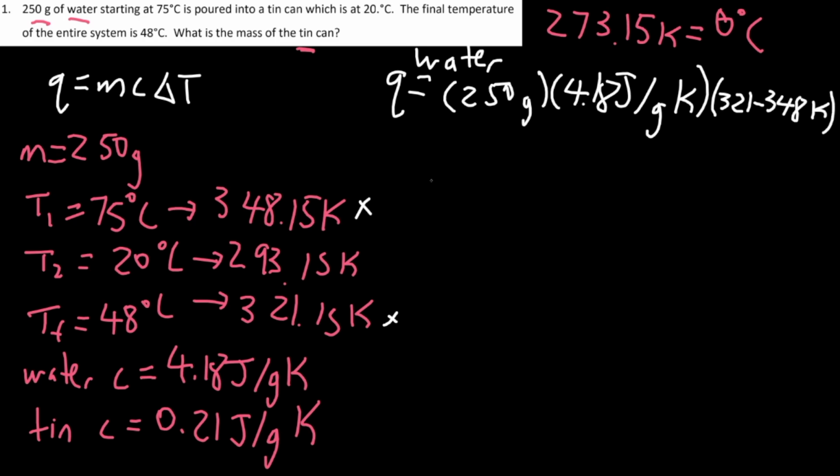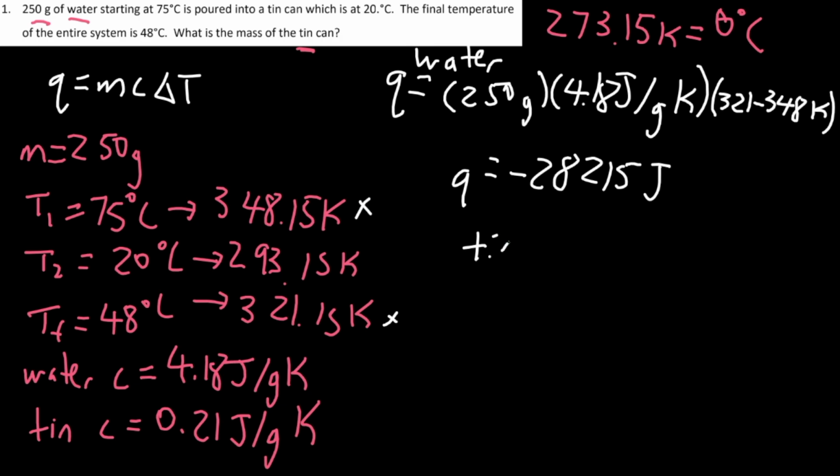When you plug this all in and solve, you should get negative 28,215 joules. Now, the negative value just means that it is releasing heat.